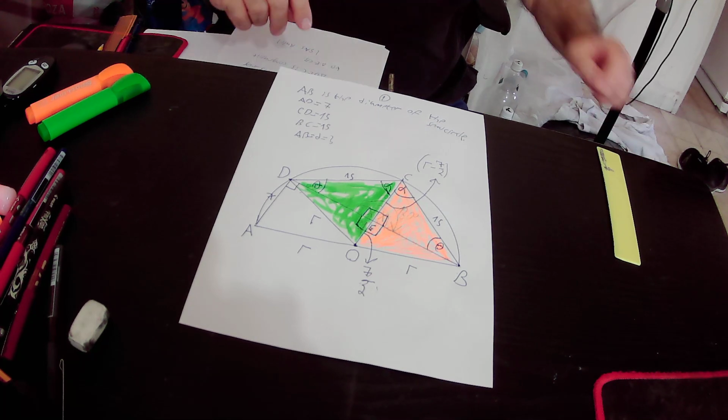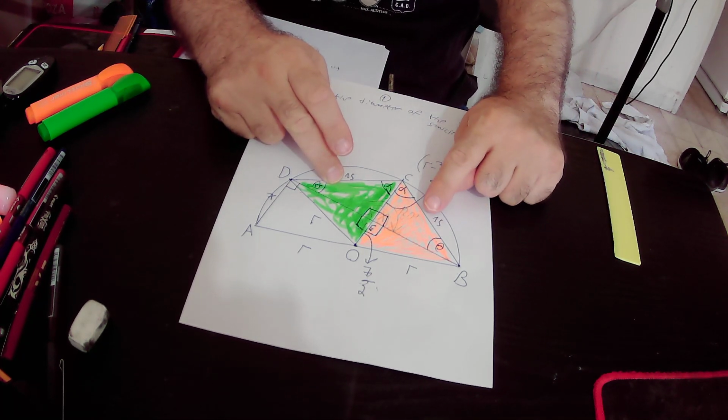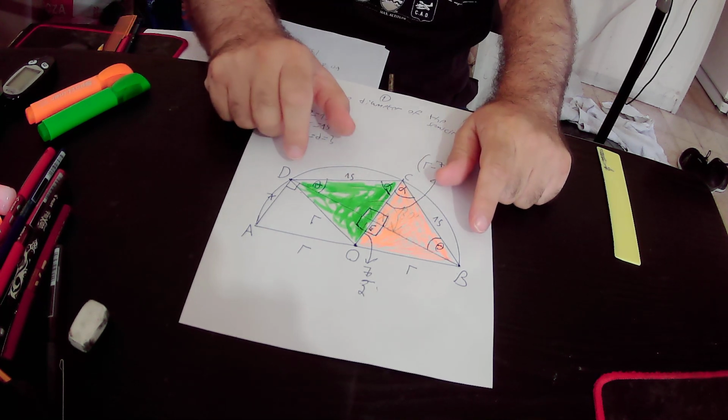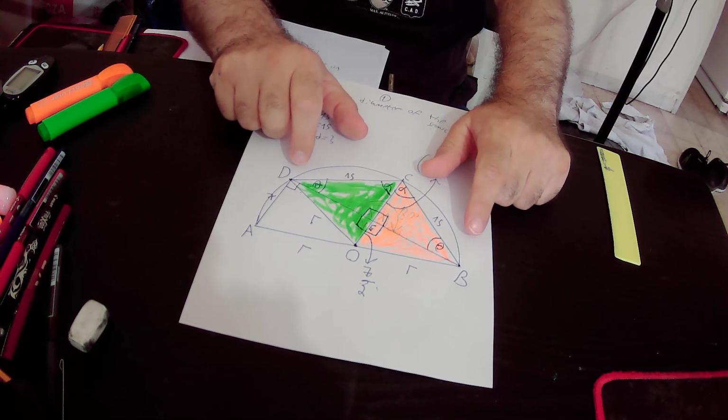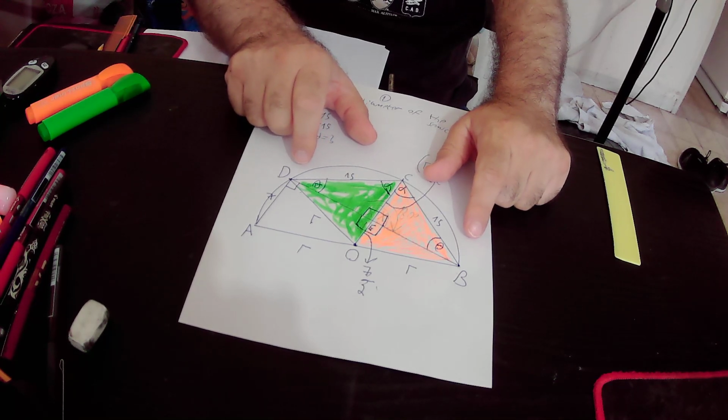Then we focused on the green triangle, triangle CDE, and on the orange triangle, triangle CBE. On those two triangles, DC is equal to CB. Both those two sides are equal to 15 units.